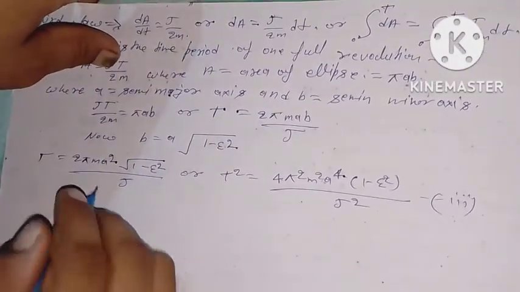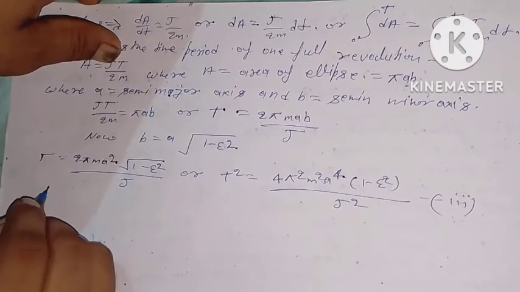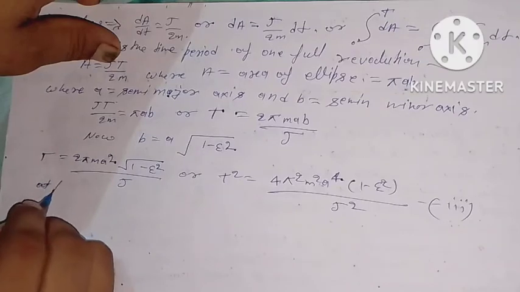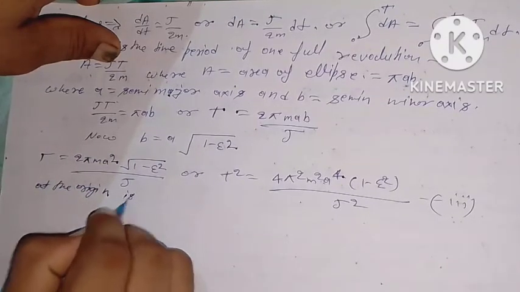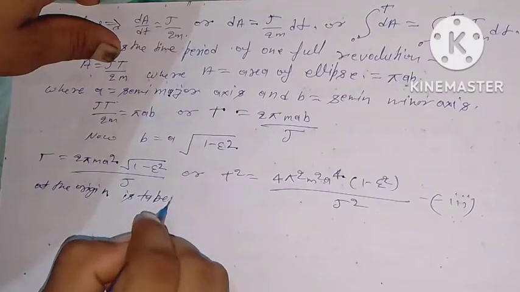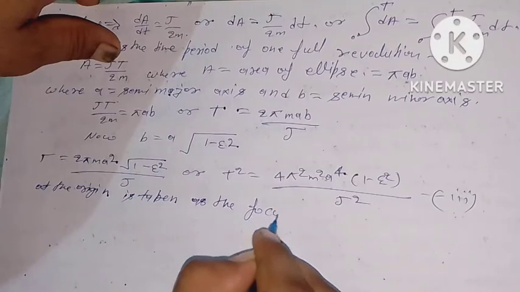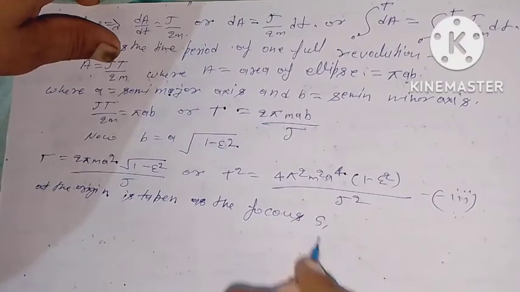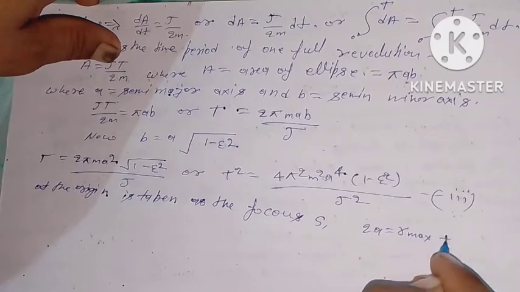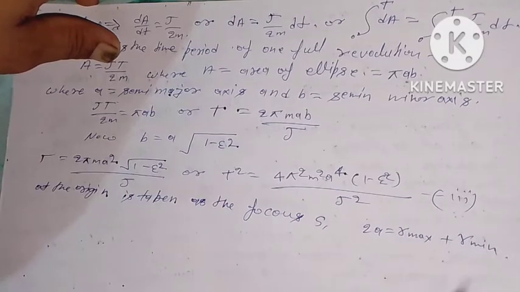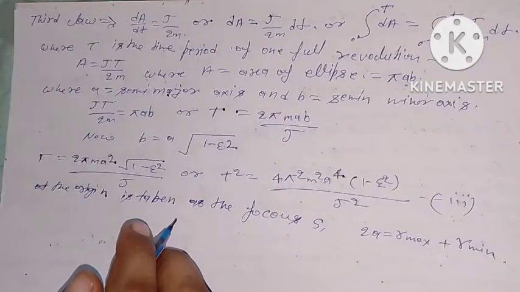Here the origin is taken as the focus, so 2a equal to r max plus r min.